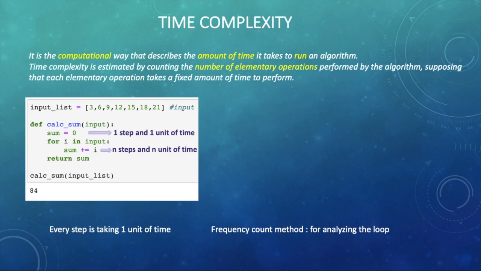Like here we have this statement sum plus equal to i inside this for loop, right? Now this for loop will run n times. Consider n is the length of the input size, the input list I mean. So this statement will also execute n times and we say that this whole loop will in turn take n units of time.